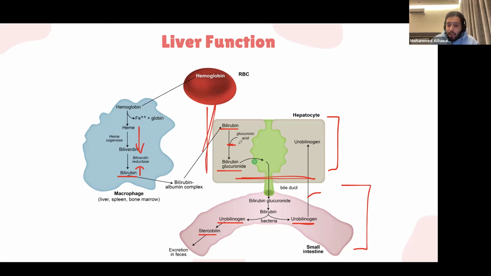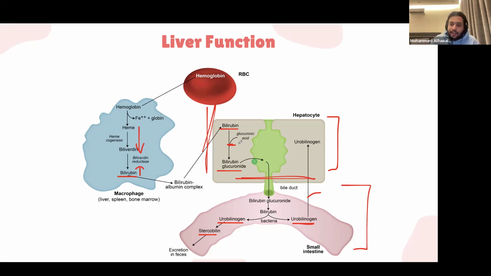There's one that's very mild, and there's one that's severe. What is the mild decrease in UDP glucuronidase? What disease is this? Gilbert syndrome. Perfect. Severe, almost no enzyme available. What is that one? Crigler-Najjar syndrome.